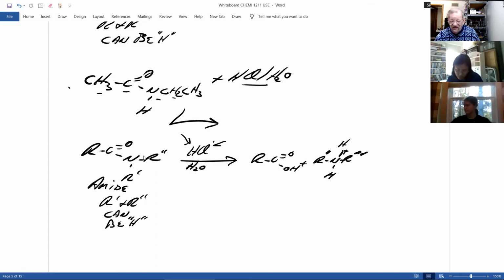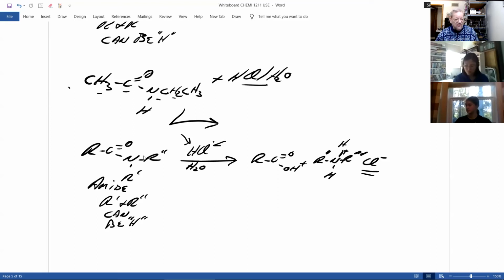That means the amine becomes the amine salt. And we'll use chlorine, chloride as the anion. You could use other acids, but I think all of you are in some way health-related majors.